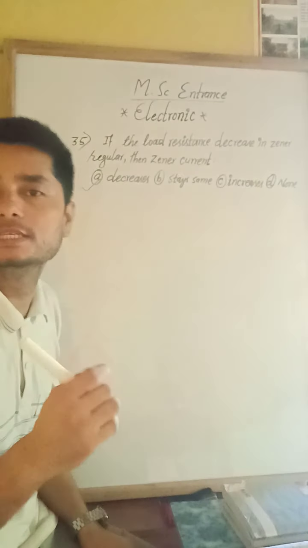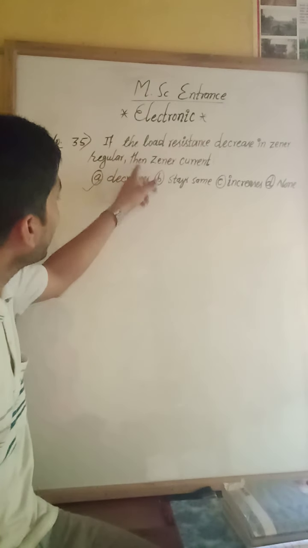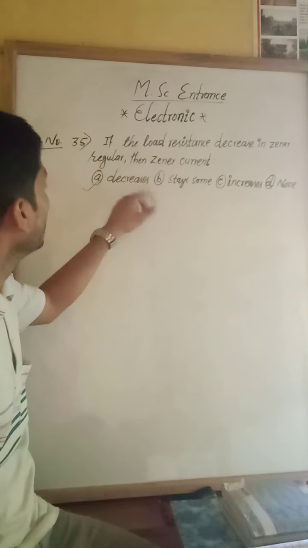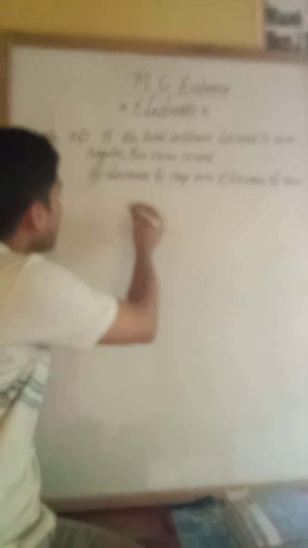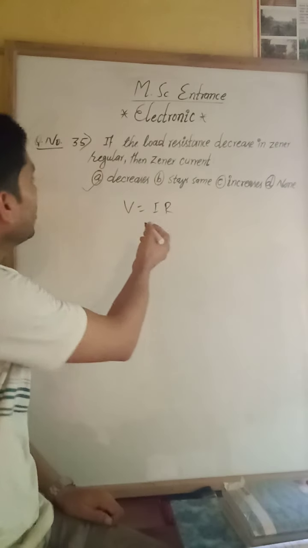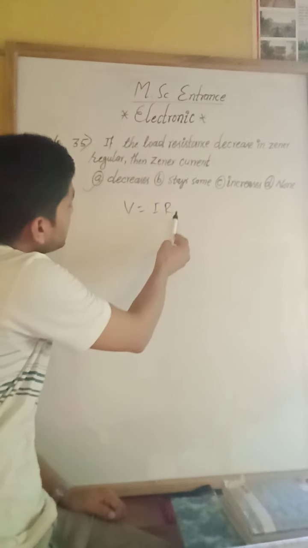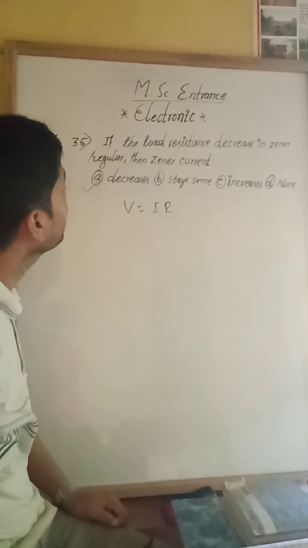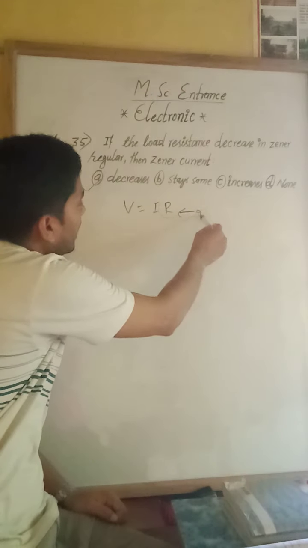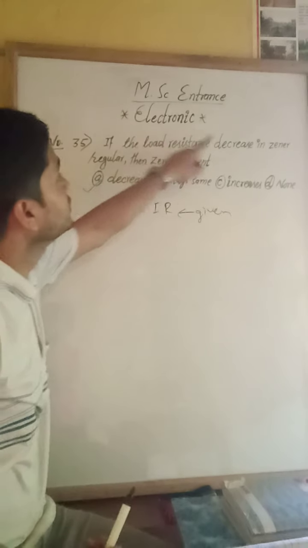If the load resistance decreases in a Zener diode, then the Zener current also decreases. We know V is equal to IR. This is the simple format related to this question. We have given load resistance R in the Zener diode.